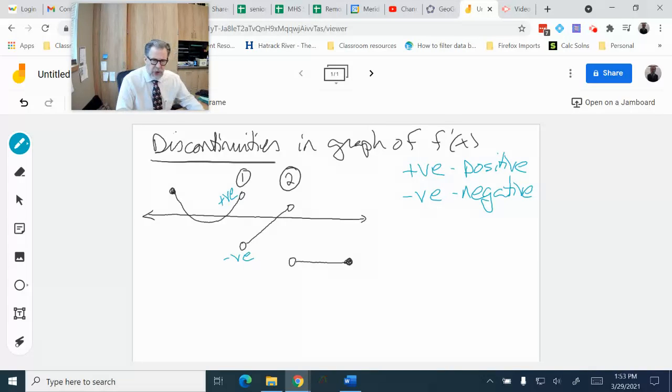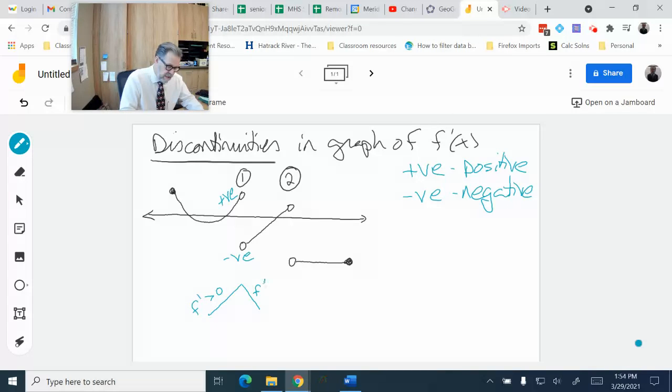Well, how do you jump from positive to negative? And notice that the derivative does not exist at that point. Well, this must be some kind of corner. There's a positive slope. Let's be all official and write f prime greater than 0.